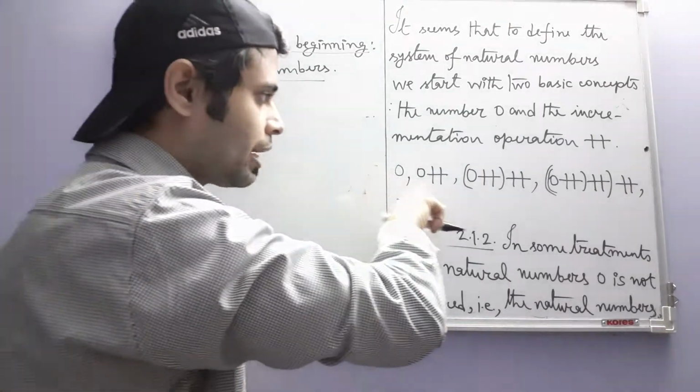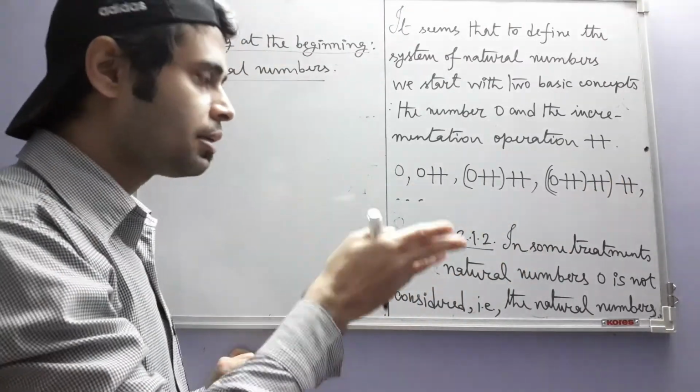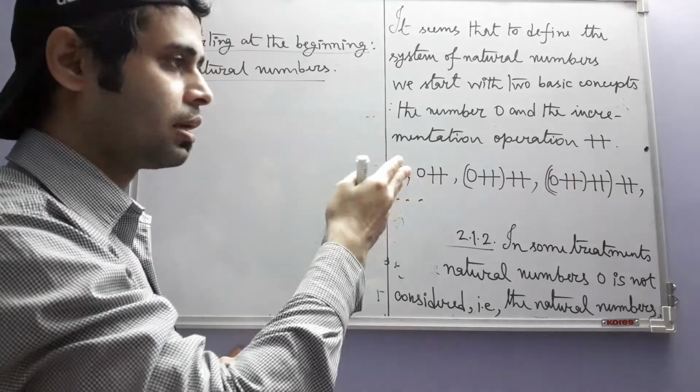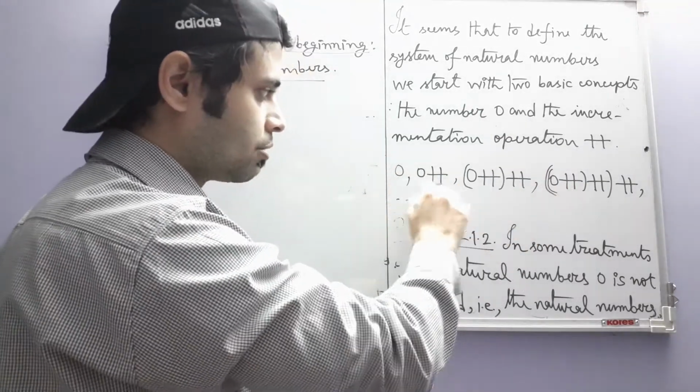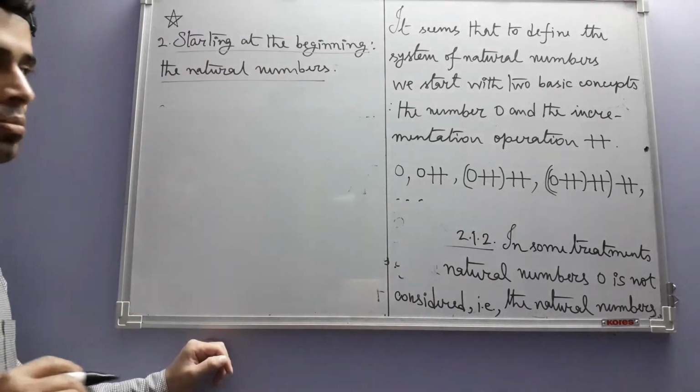Now we can look at these symbols. We want these to be the natural numbers. But the notation is unmanageable.